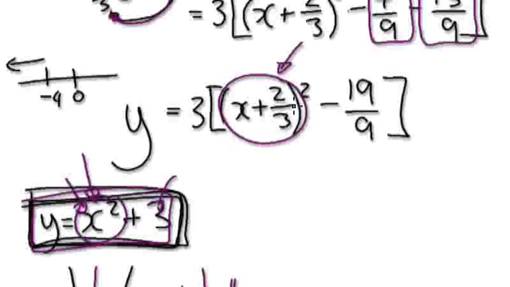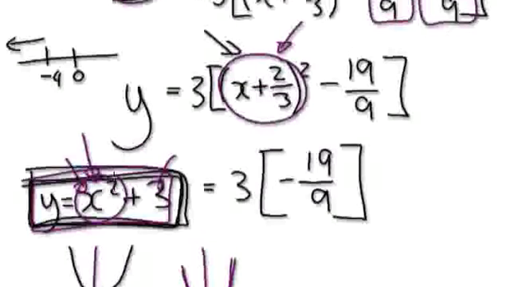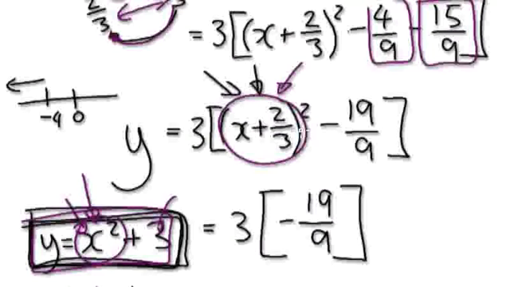So when this goes to 0, the lowest possible point would be this, minus 19 over 9. Make this 0, and then it will give you the lowest possible point for y.